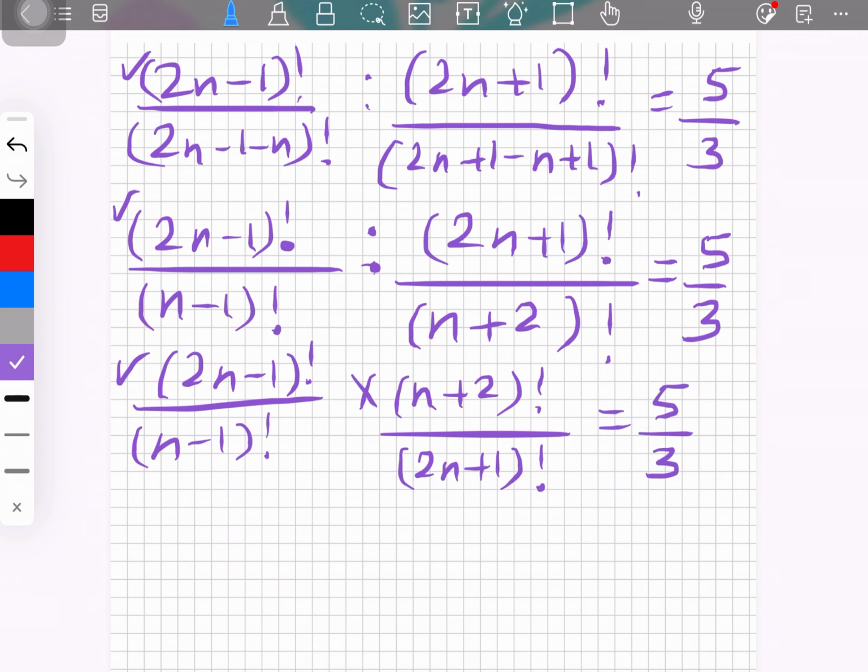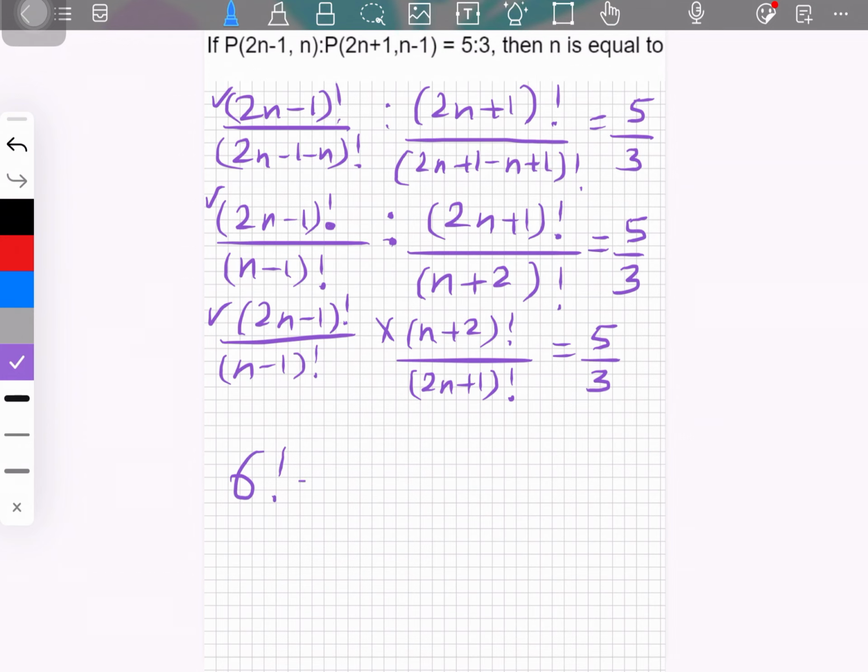So now you have to be creative. Let's see. We have to cut out the factorial sign in order to proceed with this question. How can we do this? I'll give you an example. If you have 6 factorial, you can write it as 6 times 5 factorial. And this 5 factorial can be written as 5 times 4 factorial.